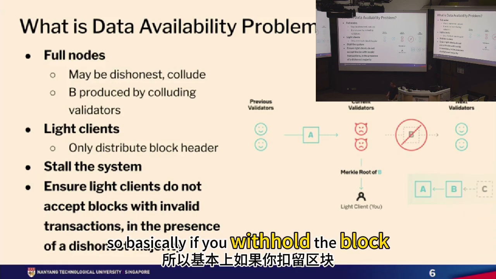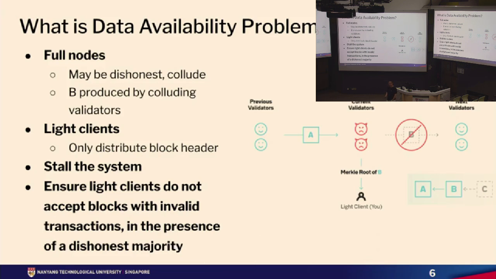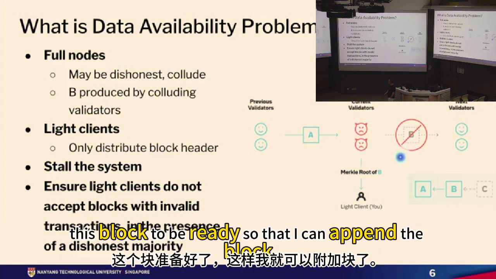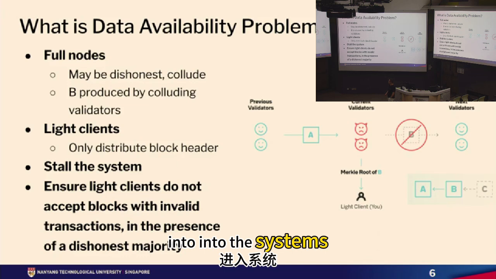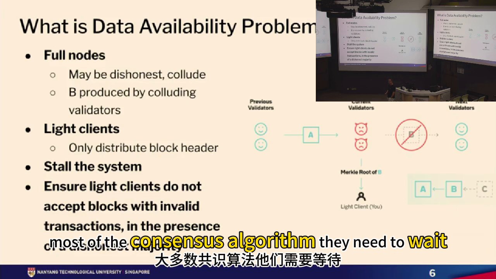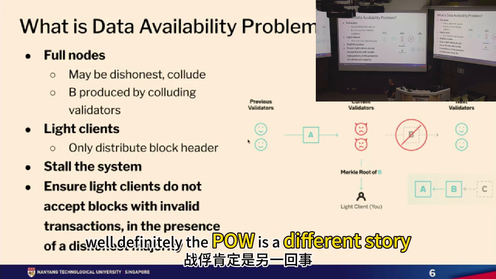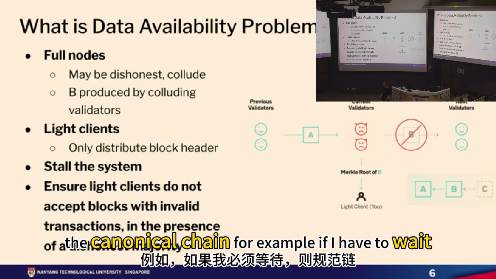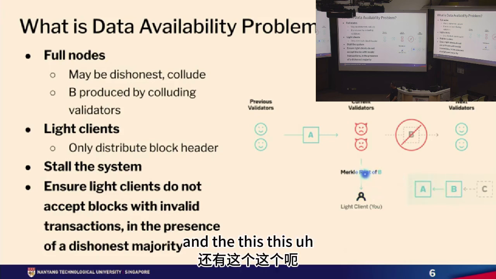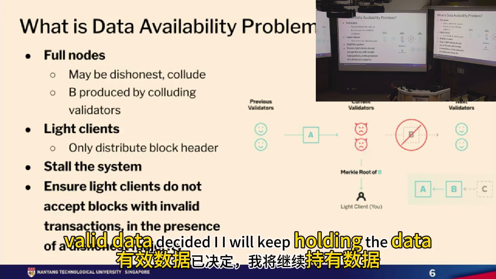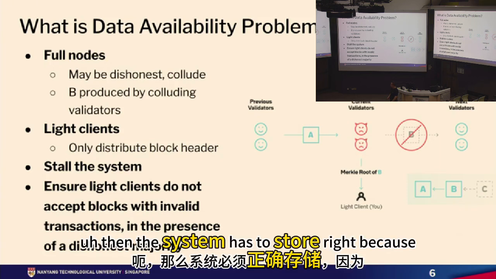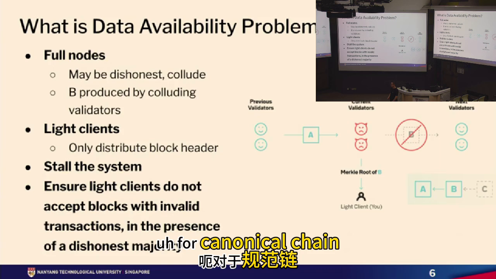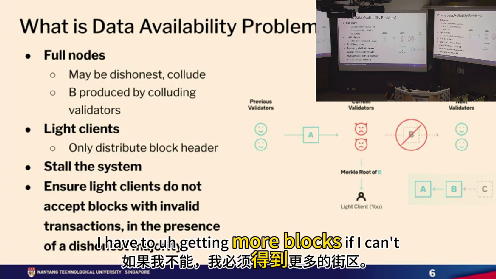If you withhold the block, the other validators either cannot generate the next block or have to wait for this block to be ready so that they can append it into the system. Most consensus algorithms need to wait. POW is a different story, but let's take the canonical chain, for example. If I have to wait, and this validator decides to keep holding the data, then the system has to store, because for a canonical chain, I have to keep getting more blocks.